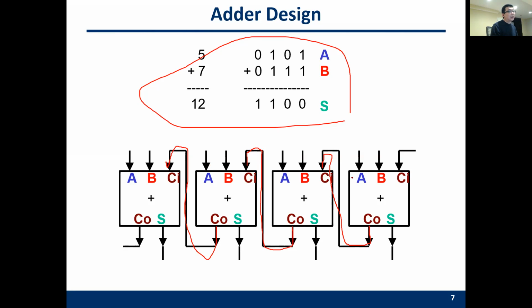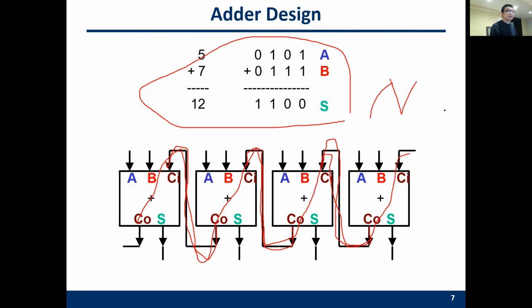When you do the addition, the critical path is, of course, the carry path. This is the carry path. And this critical path decides the frequency of the adder. You can see that the critical path is actually proportional to n.